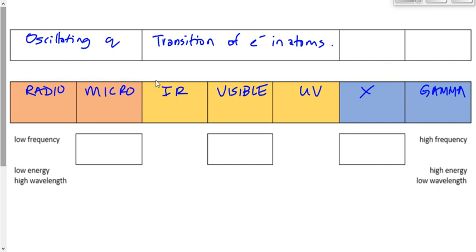Like a massively big transition could produce a really, really energetic photon of light like an X-ray. But usually X-rays are produced by, somebody said it back there, the rapid deceleration of electrons.